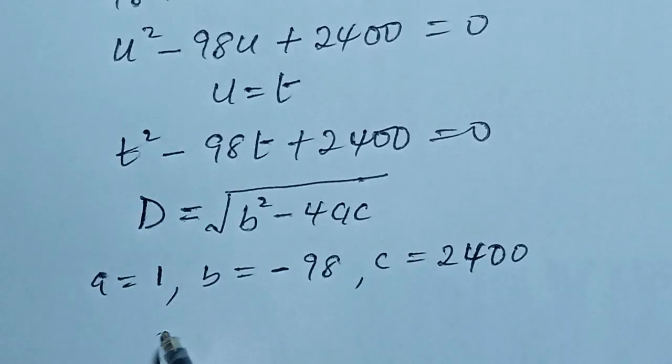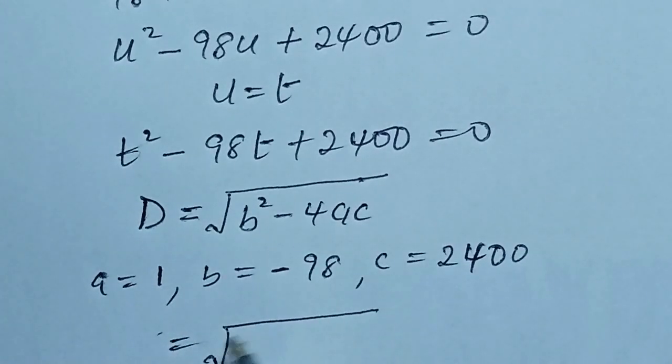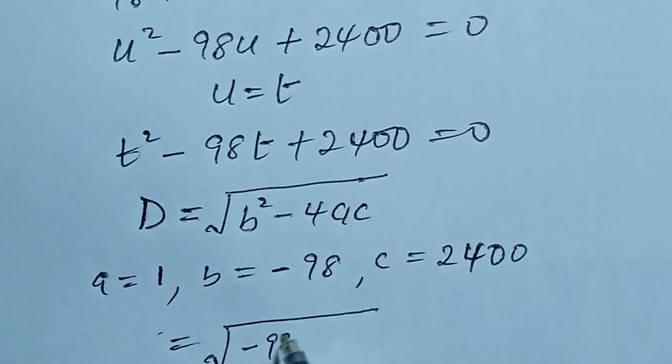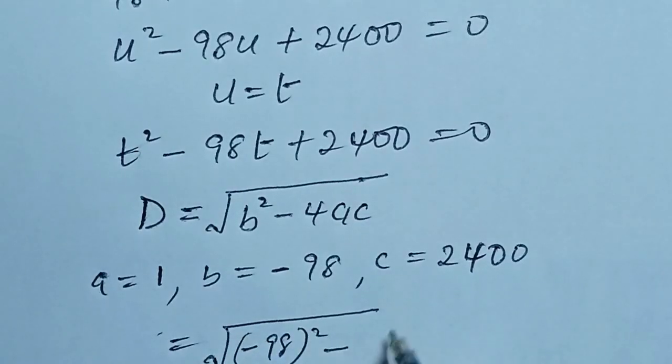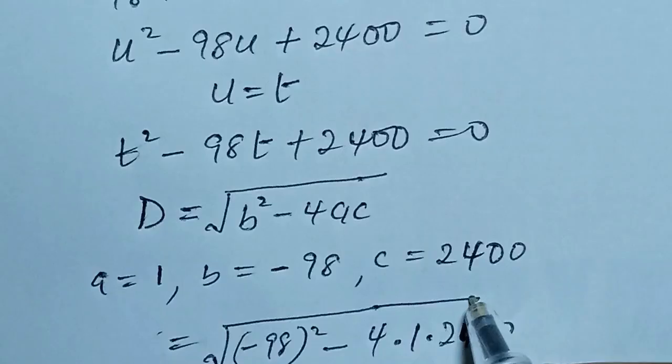So that will become equal to square root of 98 squared minus 4 multiplied by 1 multiplied by 2400.